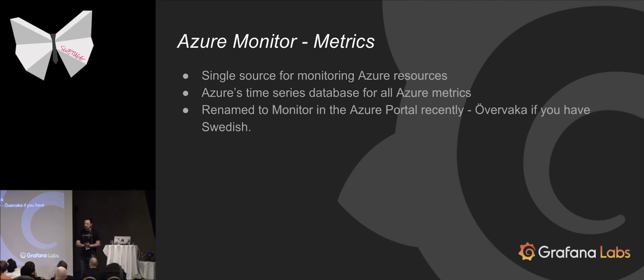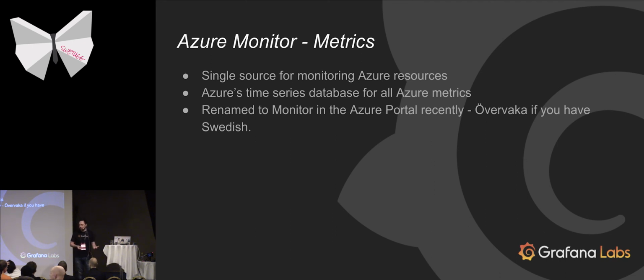I was thinking that one of you would already be using Azure Monitor, but obviously not. It is absolutely huge. It is the single source for monitoring Azure resources. It is basically a wrapper around every single Azure service there is. I think they're still working on it, but all the big services save their metrics to Azure Monitor. It's basically a specialized time series database that Microsoft have built themselves, and it has an API over it, so you can get your metrics out.